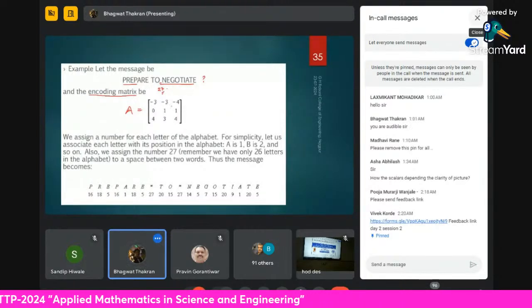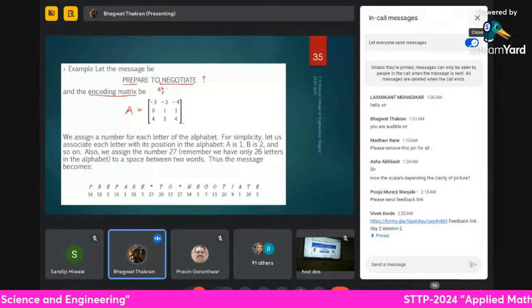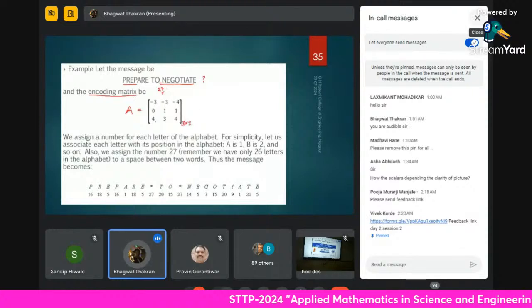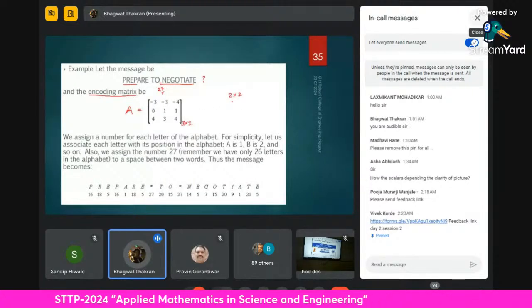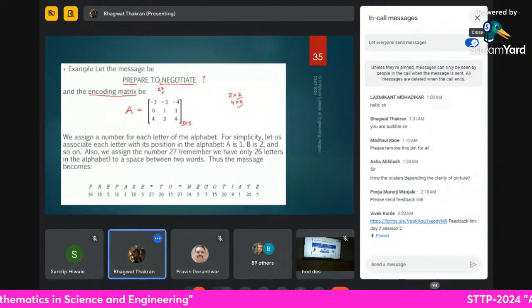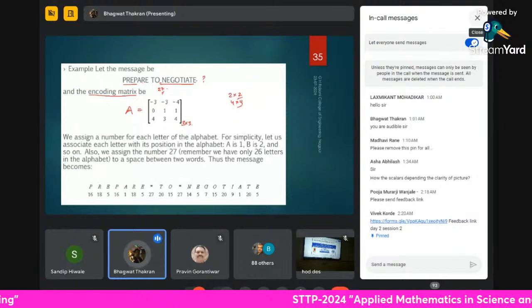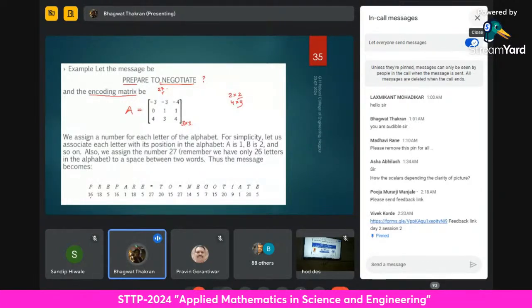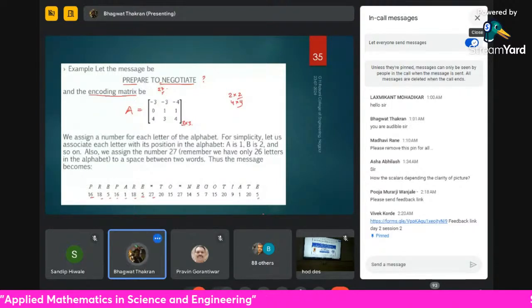Now, as an example, I have taken a 3 by 3 matrix; we can consider a 2 by 2 matrix also, or a 4 by 4 matrix. I will write this message, prepared to negotiate, in the form of numbers: 16, 18, 5, 16, 1, 18, 5, 27, and so on up to 5.